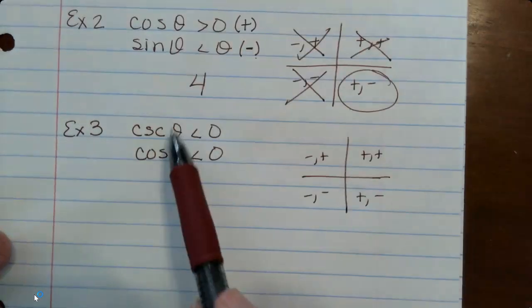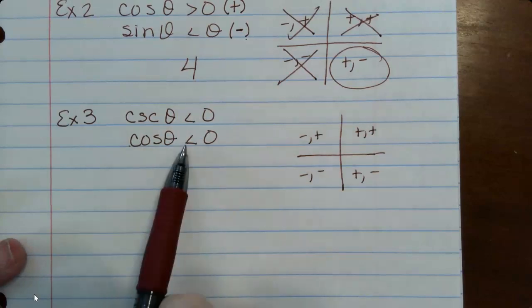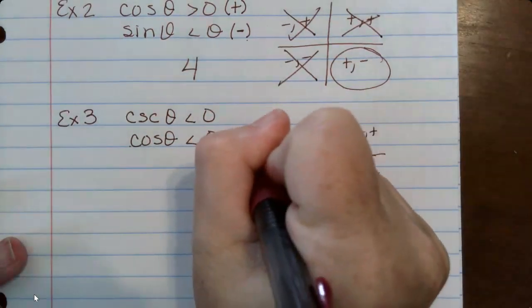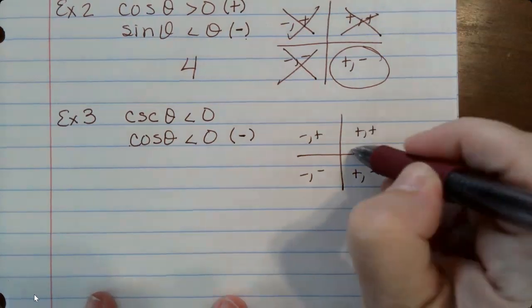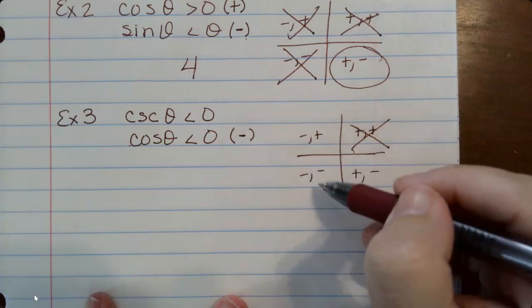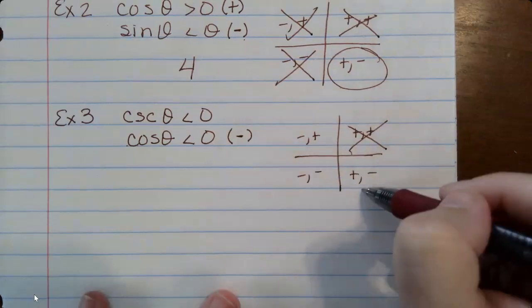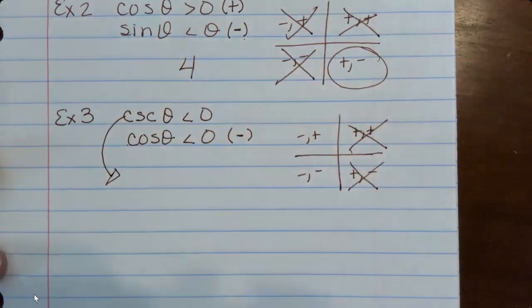Okay, so let's deal with the one we can read first. Cosine. So cosine is less than 0, so cosine is negative. Is cosine negative in quadrant 1? No. Quadrant 2? Yes. 3? Yes. 4? No.